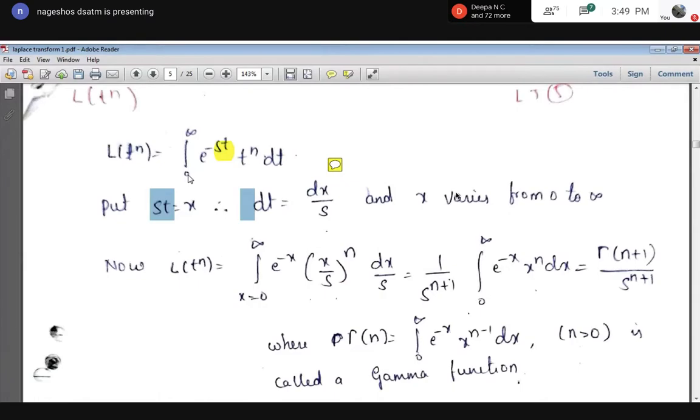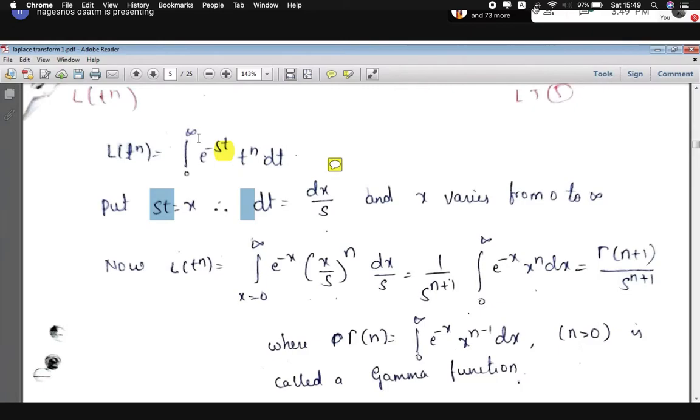Substitute the lower limit 0 in place of t, then 0 into s will be 0, so x will be 0. Then substitute the upper limit infinity in place of t, infinity into anything will be infinity. Therefore 0 to infinity only.